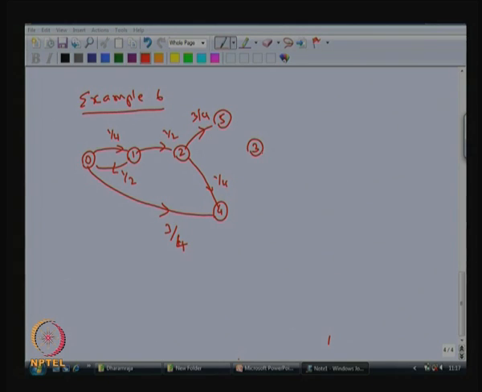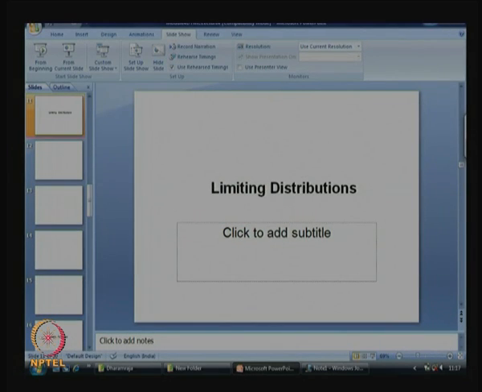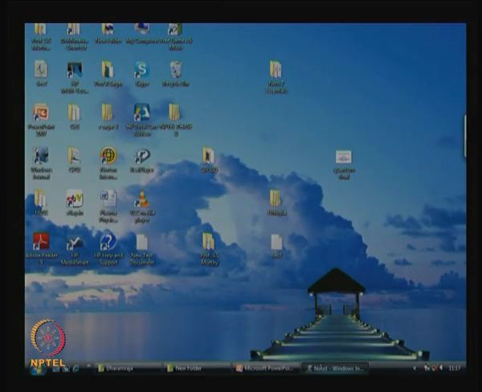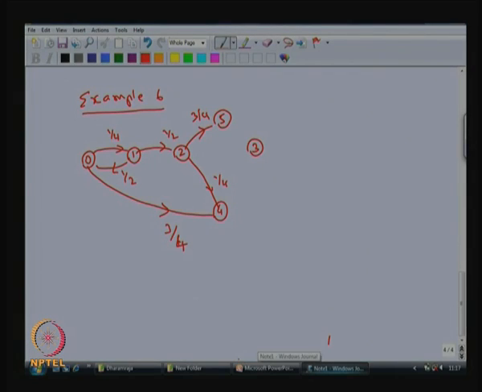Whereas for state 3 there is nothing. For state 4, with probability 1/3 it goes to state 2 and with probability 2/3 it goes to state 3.